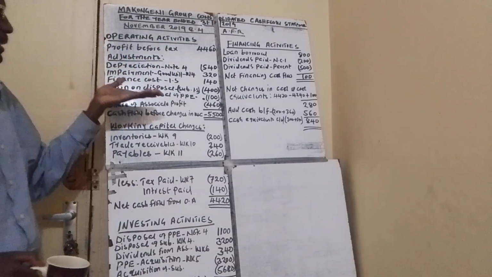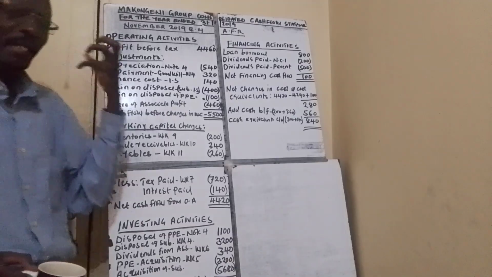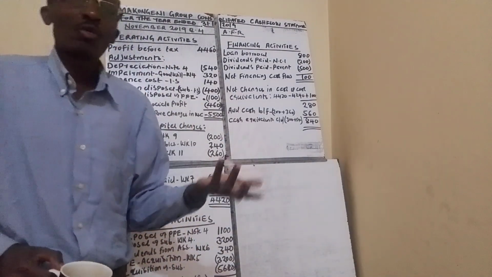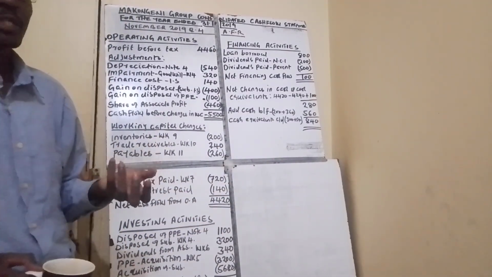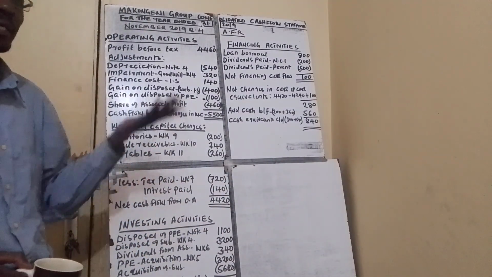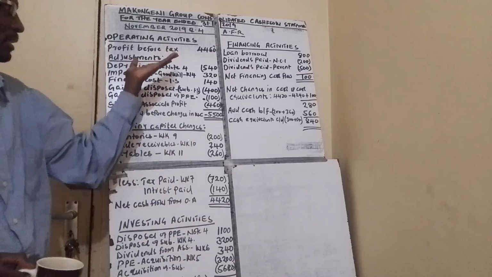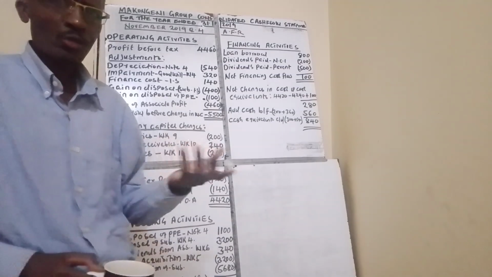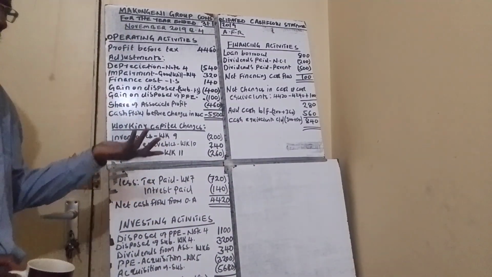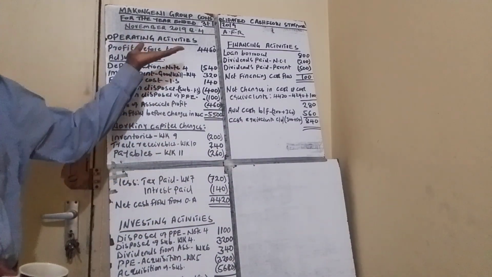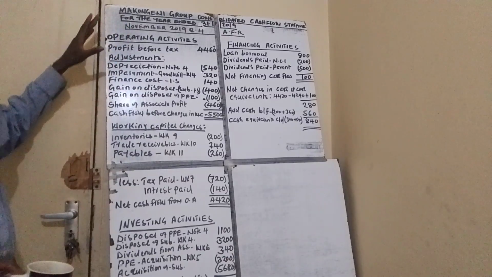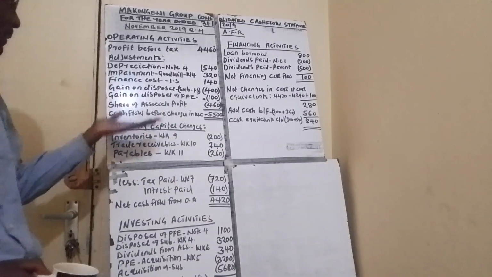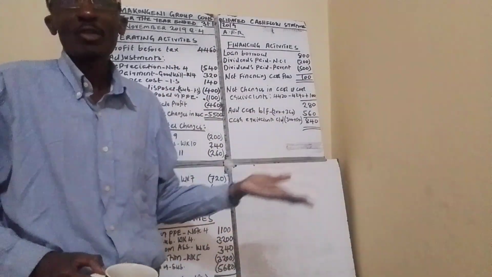Now, the other adjustment that you can do here is the gain on the disposal of non-current assets. When you dispose of a non-current asset, there is a reported gain, which is added to the profit, but that is not an actual cash inflow. So such an item should be deducted because it has been added. That is what you'll be doing here, including misplaced items like share of profit from the associates.